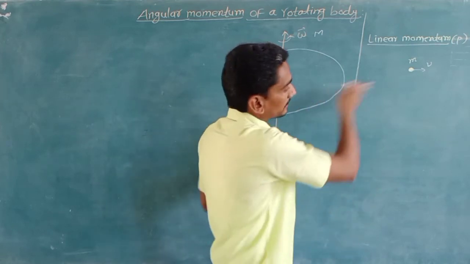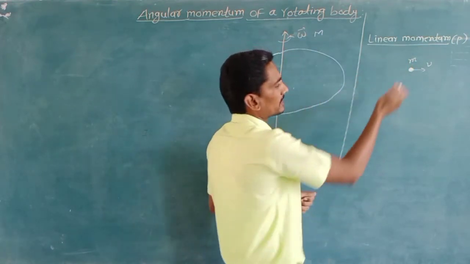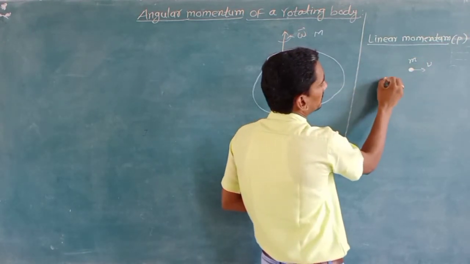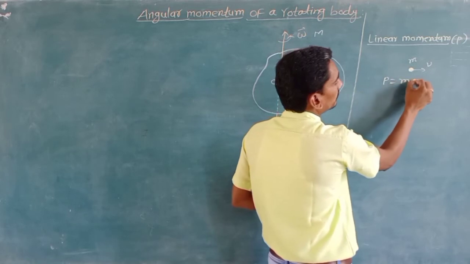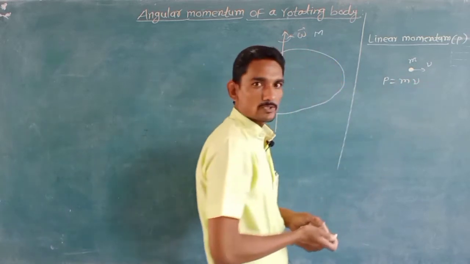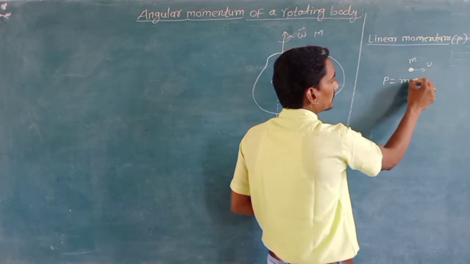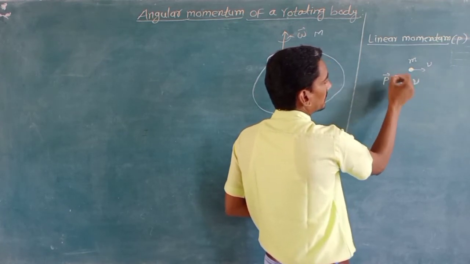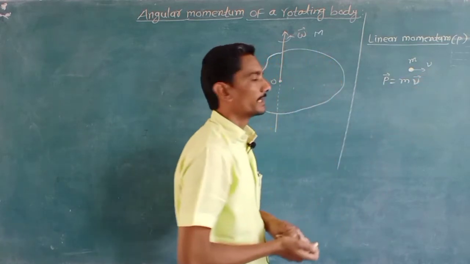In the case of translational motion, the object is moving along a straight line path. Then you can say that the linear momentum P equals m into v, mass into velocity. So linear momentum is a vector quantity. We can represent it like this: P vector equals m into v vector.